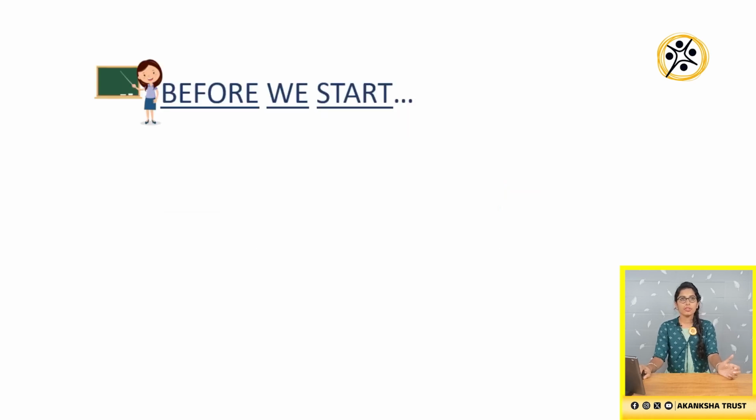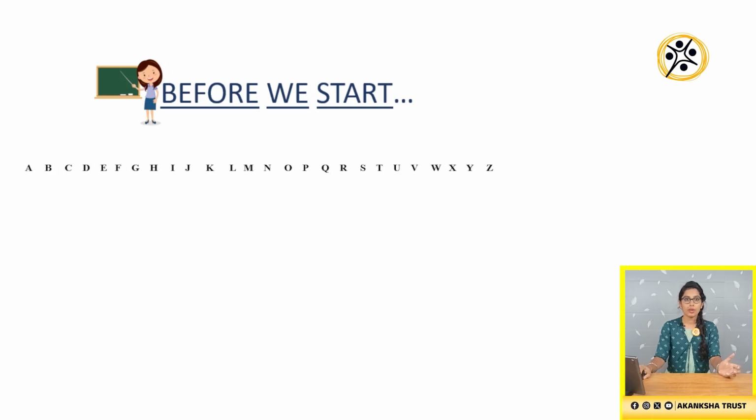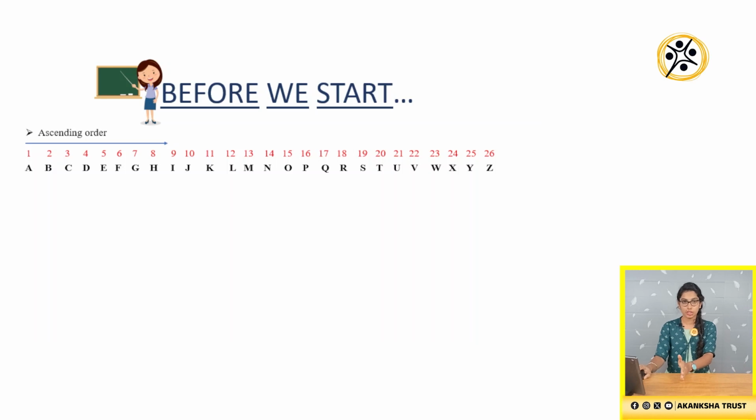Before we start, as you all know, we have 26 alphabets in the alphabetic series. Starting from A to Z, if I number them in ascending order, A gets the first position and Z has the 26th position.